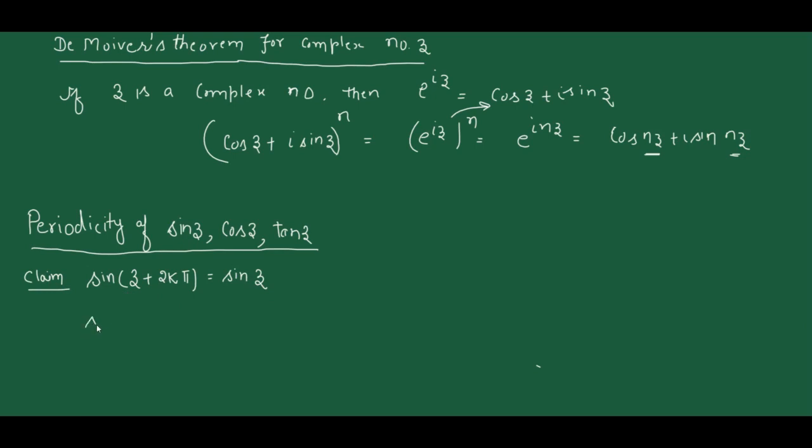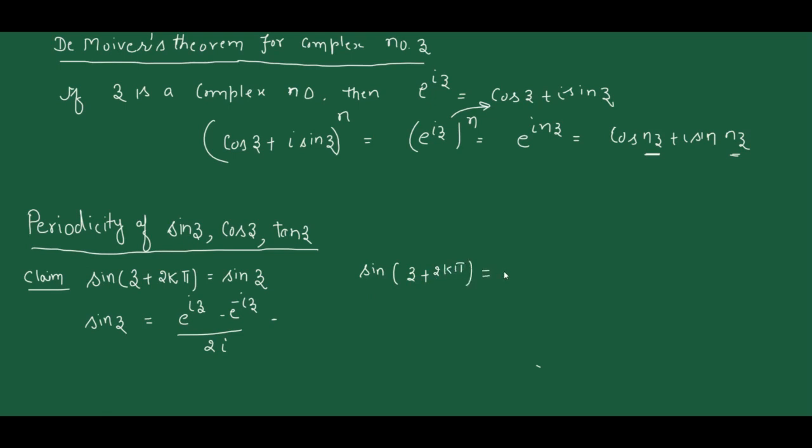So you know that the expression for sine z is e raised to power iota z minus e raised to power minus iota z by 2 iota. Now replace z by z plus 2k pi.